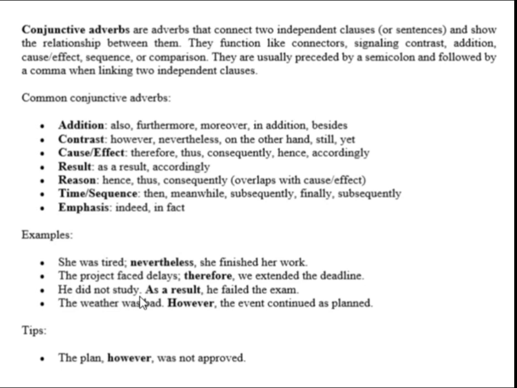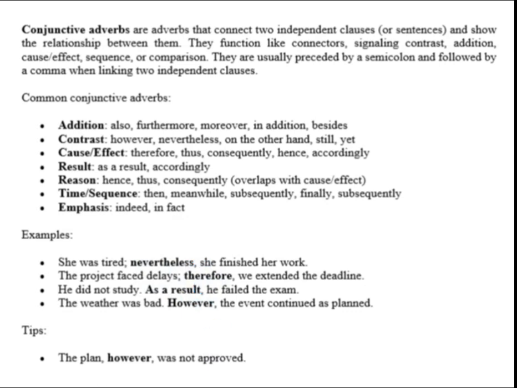As you can see, there is a period here, and As is written with a capital initial. It starts a new sentence. As a result, comma, he failed the exam. All right? Or the second example: the weather was bad. However, the event continued as planned. You see? It is slightly different from the punctuation format of the conjunctive adverbs in the first two examples above.